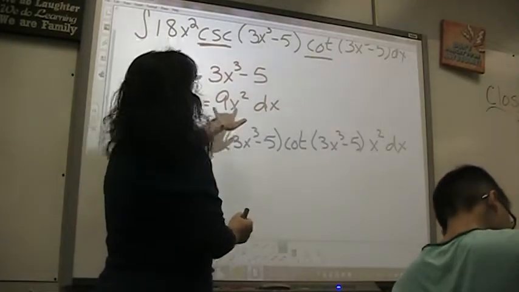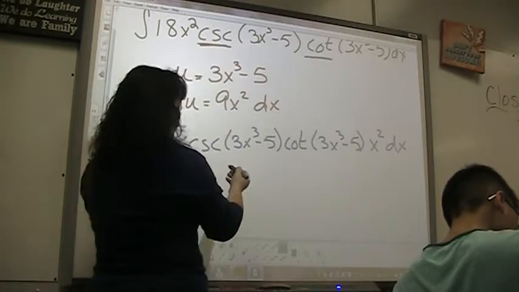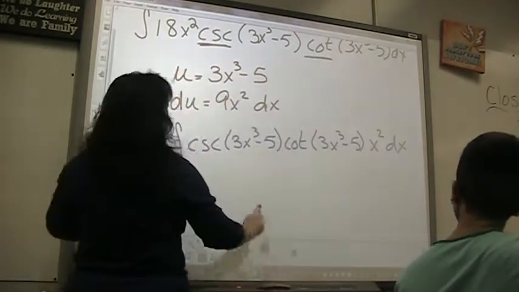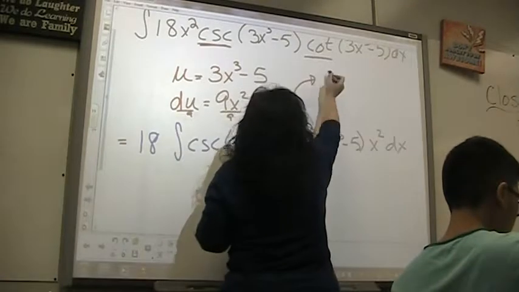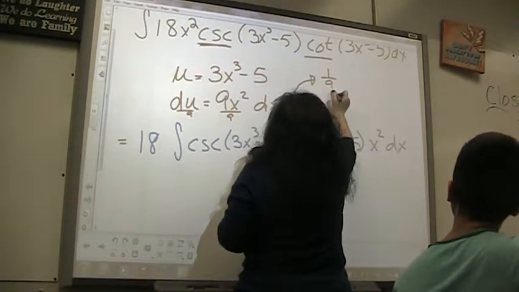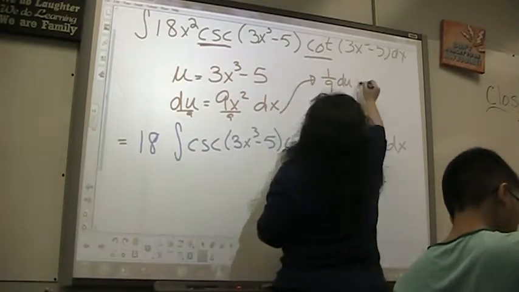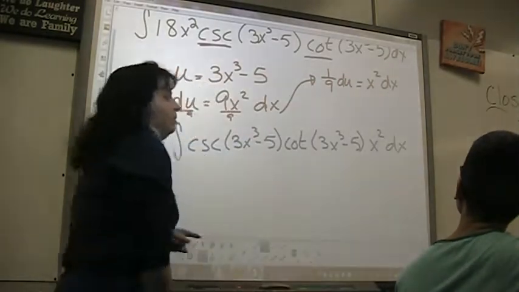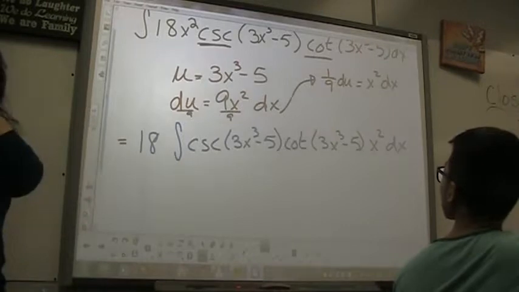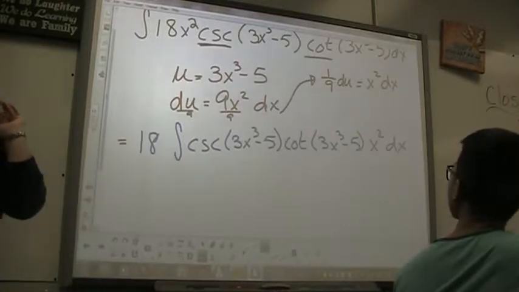Okay, so what I need to do is divide both sides here by 9. So I get 1/9 du equals x squared dx.